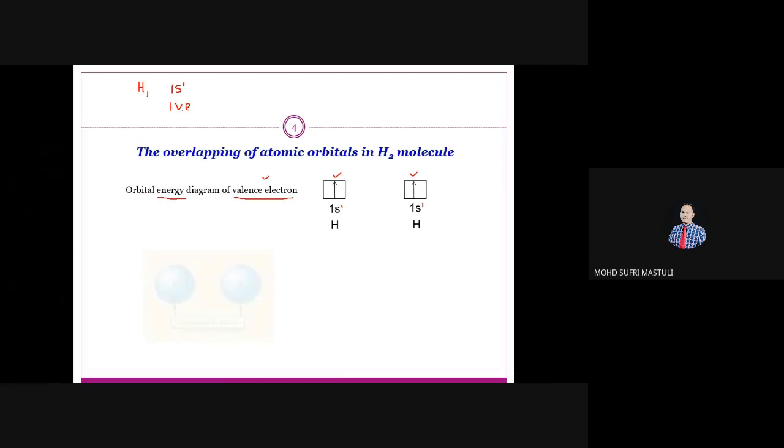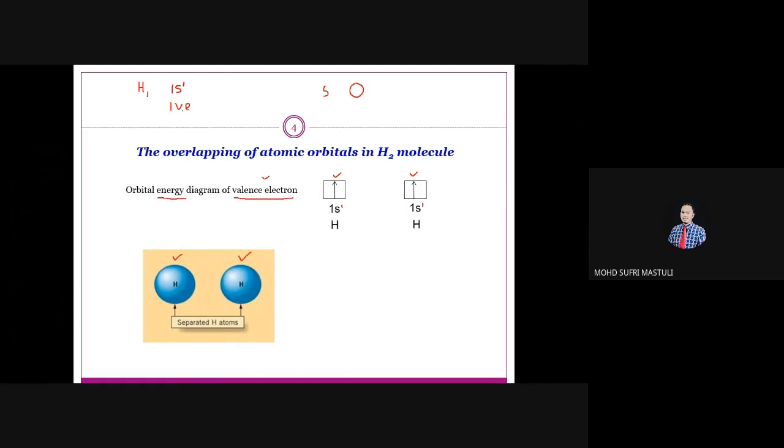If we want to draw in terms of atomic orbitals, we know the valence electron for hydrogen is in the s orbital. So the s orbital should be round. This is the s orbital of the hydrogen, and this one is the s orbital of the other hydrogen.